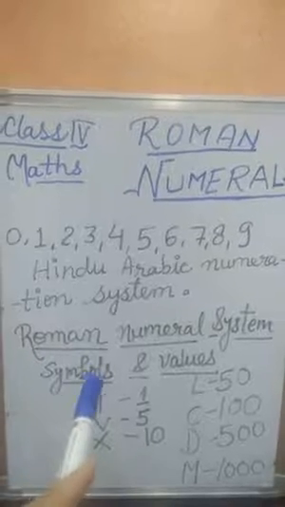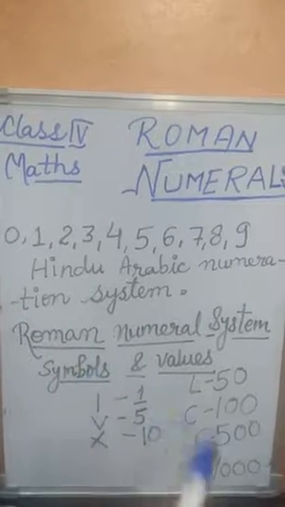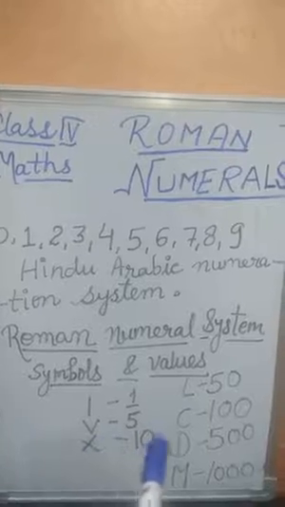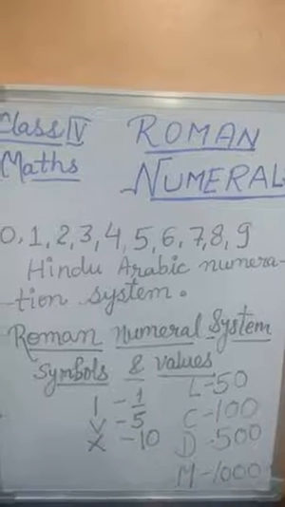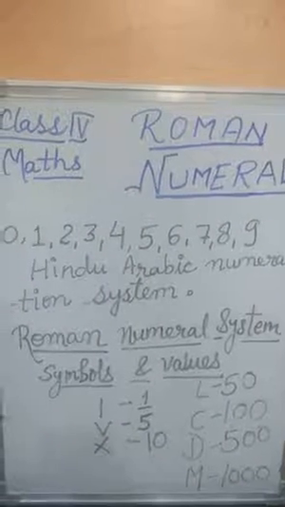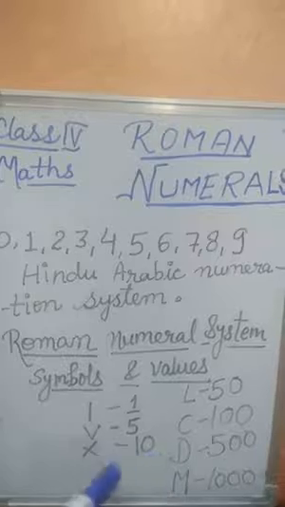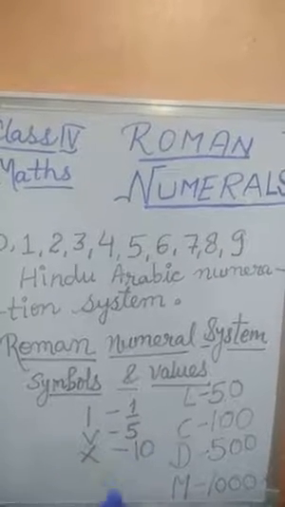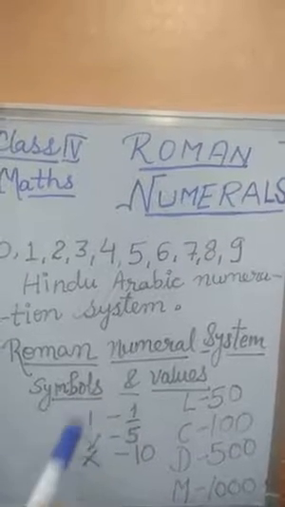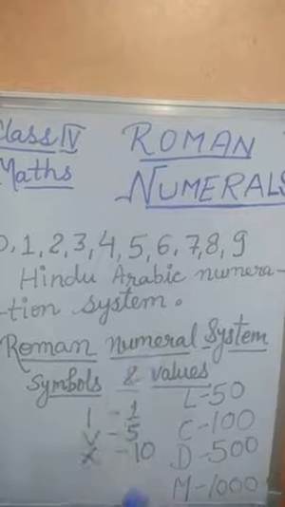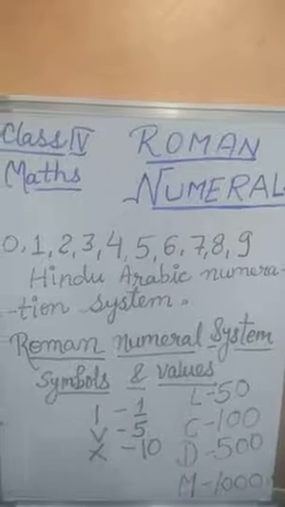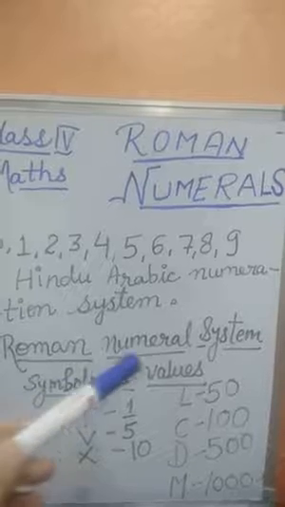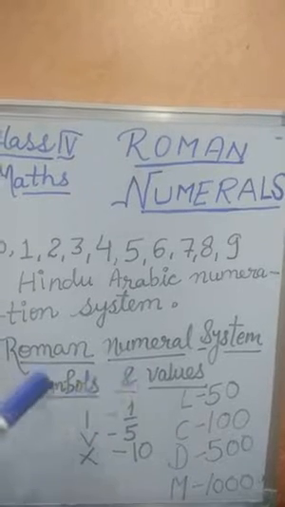As you can see, these are the symbols and each symbol has a fixed integer value. Okay? Now, the first point you have to remember always is that these symbols are always written in capital letters. Okay? So, let's start with the symbols and values.